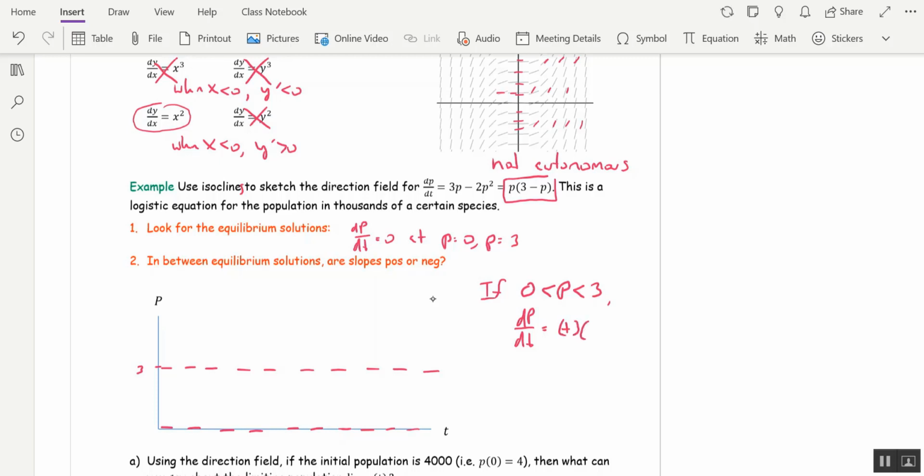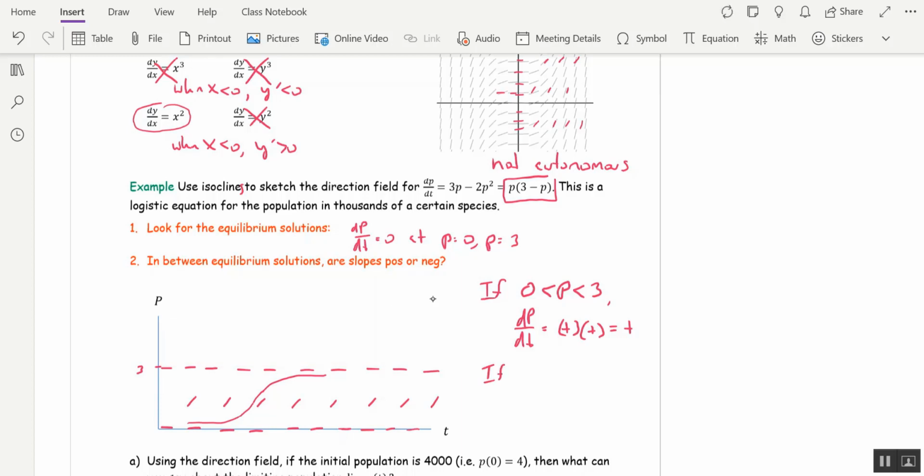If p is less than 3, that is going to be positive. So the slopes in here, remember for autonomous, for all t, you'll have the same value of the slope going in a horizontal line. So I'll have positive slopes. So I know my solutions in here are going to look like this. Equilibrium, and then they're going to go positive, and then they can't cross that equilibrium there, so they're going to go like that.